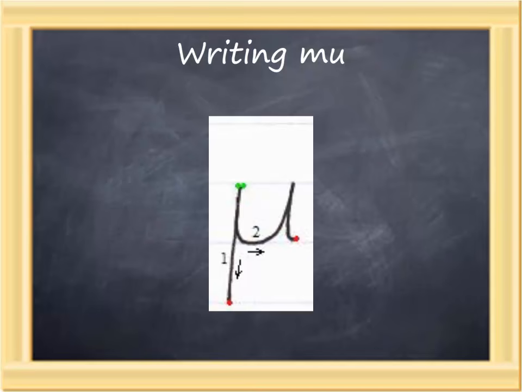Or you can start below the base, stroke up, then do the U with the tail. It's up to you. But this is not a U. It's an M sound. Mu. Practice it a few times.